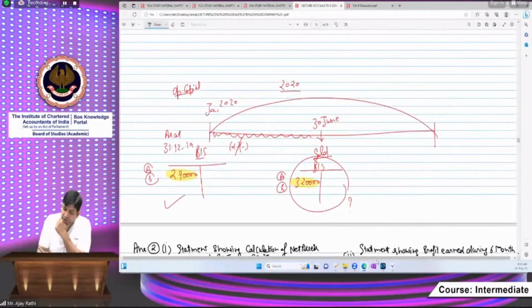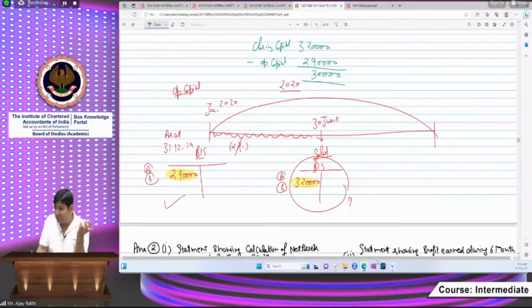We did closing capital 3,20,000 minus opening capital, that is 2,90,000. And sir, we have found already that it is 30,000. How easy it was, sir? Why are you asking such a baby level question? Because you like basics.